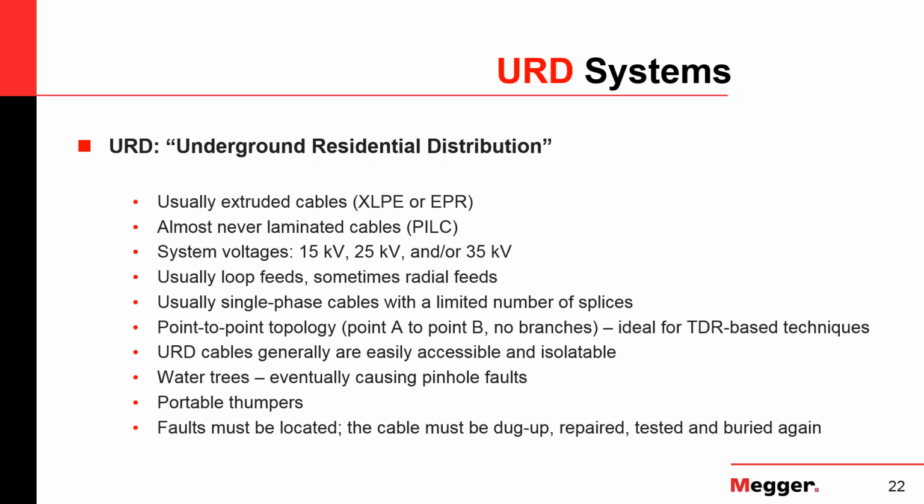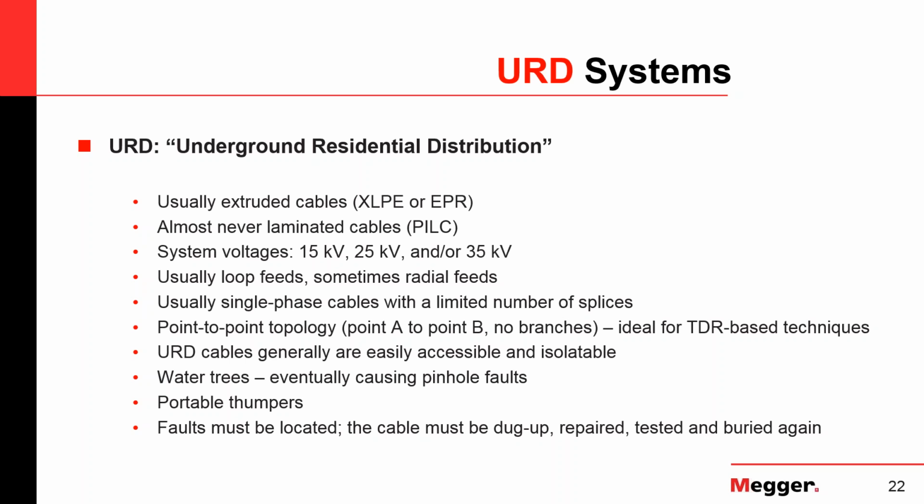Now, when I said URD, because this abbreviation was mentioned a couple of times now, URD stands for Underground Residential Distribution. And when you think about what I tried to describe earlier with the plastic and the PILC cables, everything that is in downtown networks with these lead cables, the laminated cables, is pretty much the opposite of URD cables.